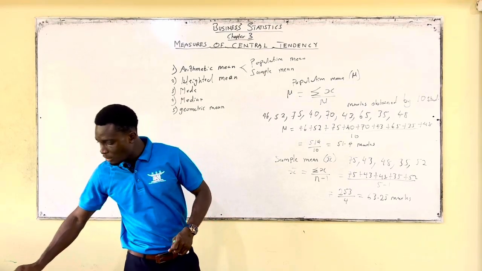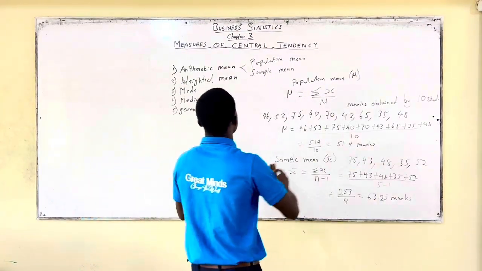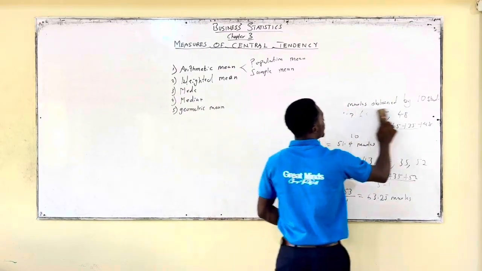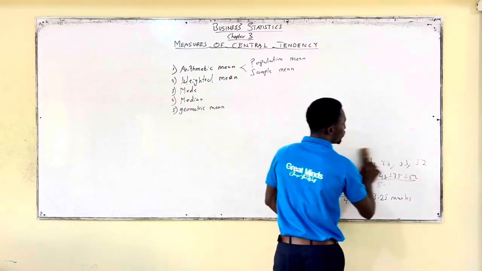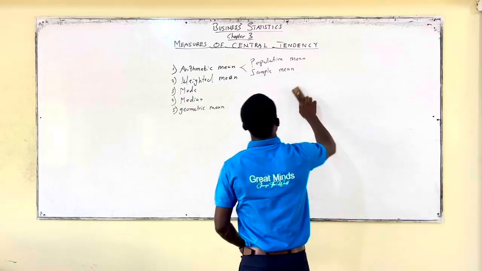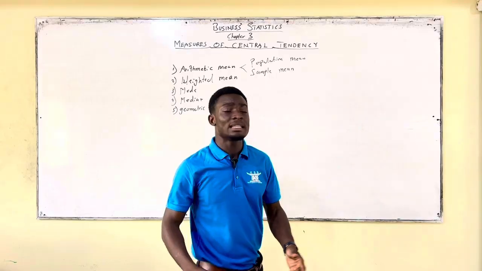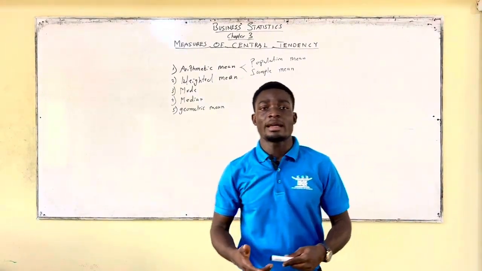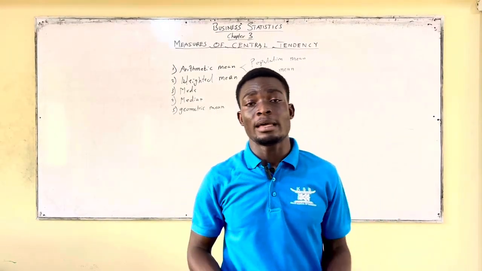Right. Now we are done with arithmetic mean. Let's go to weighted mean. So weighted mean, for example, we have a practical example of how your CWA, how your average is calculated, let's say per semester.